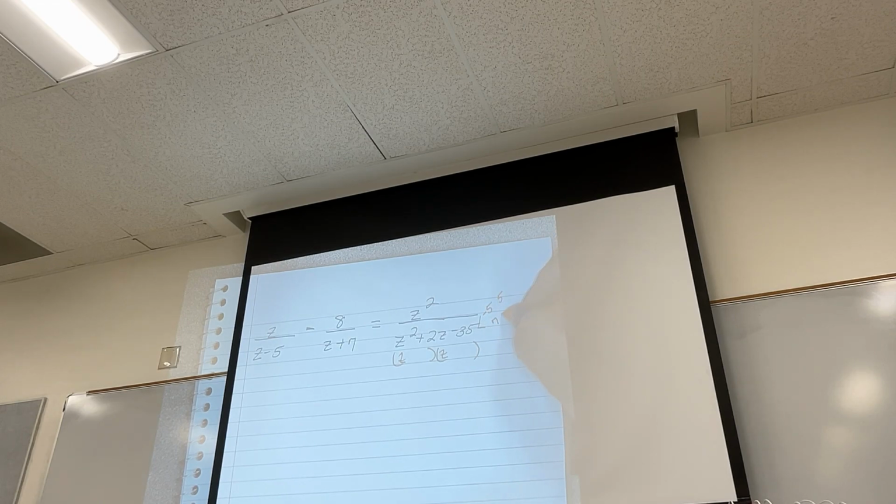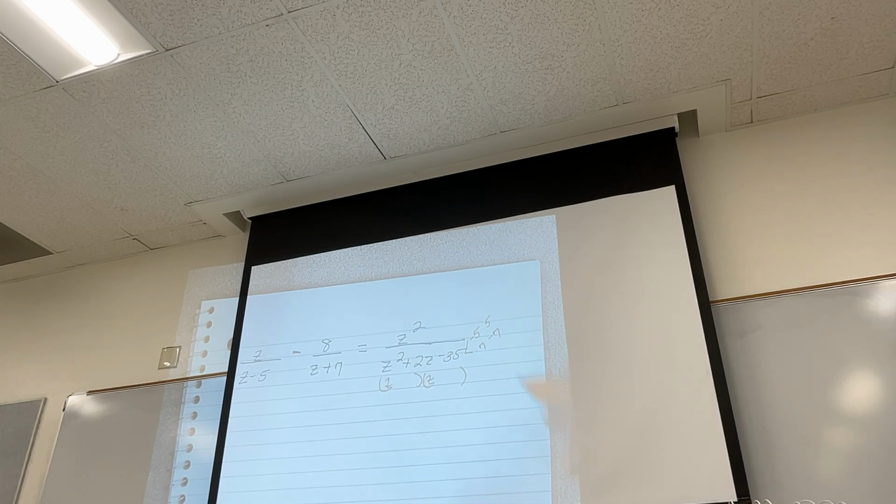Or I could flip the sign, but I need to make sure I get a positive 2, yes? All right, so signs are important. Okay? So I'm going to cross this out because I'm going to use those as my denominator, not the quadratic, okay? Now, we can visually see we have these two are right here inside of this quadratic, yes?